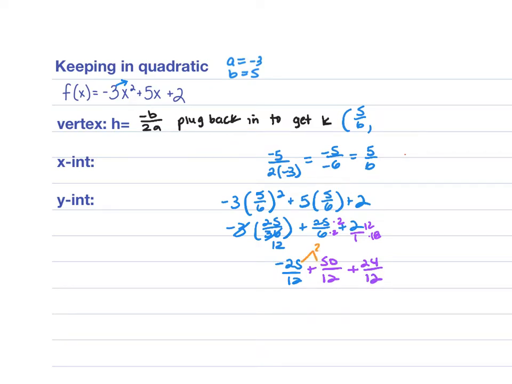Add this together, and I get 25 plus 24, and I get 49/12, which is the same k we got from before.